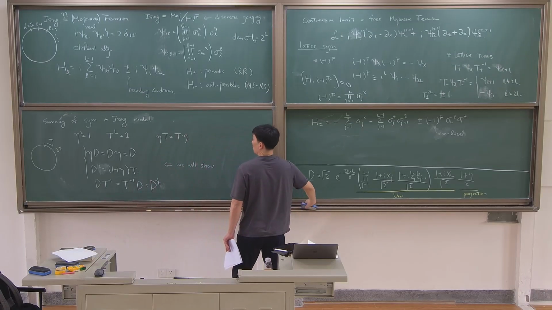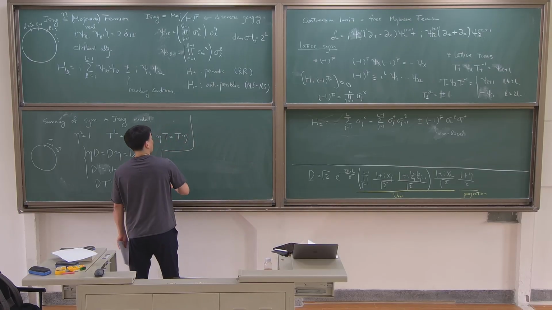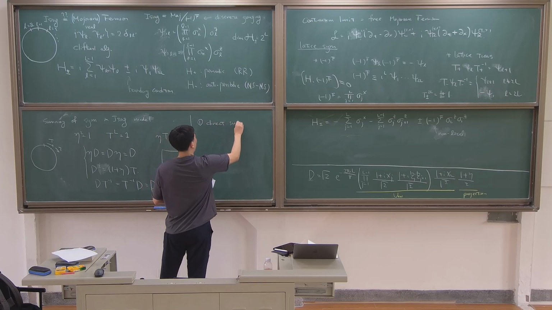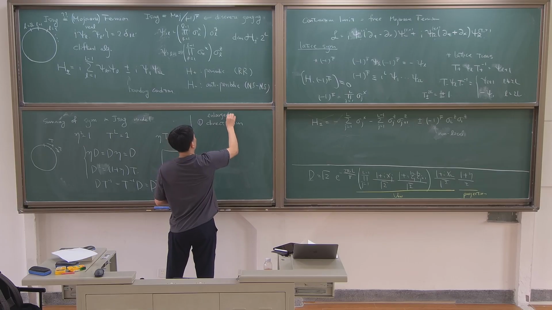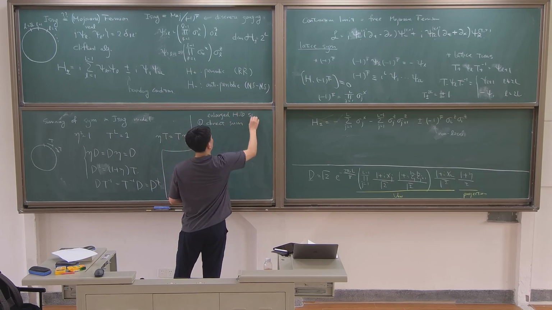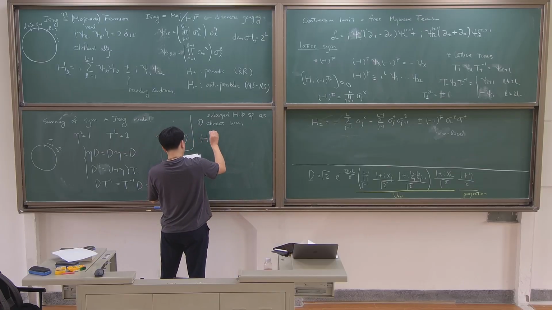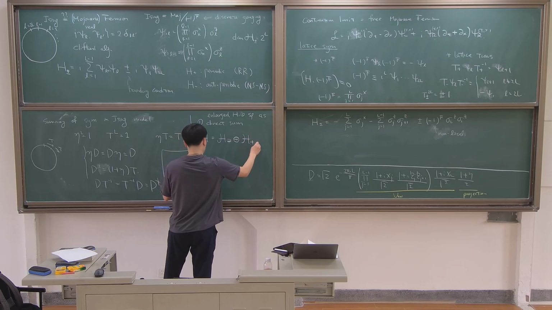So I can erase this part. Okay, so the enlarged Hilbert space is the direct sum, which means H tilde is equal to H plus, or H minus, H plus.